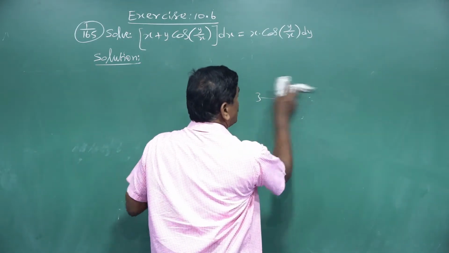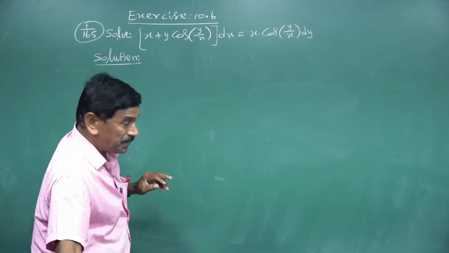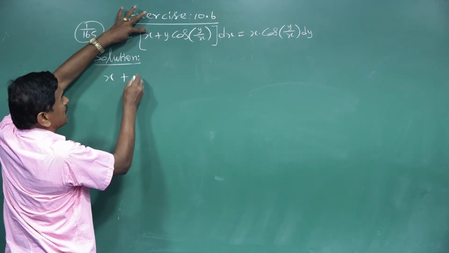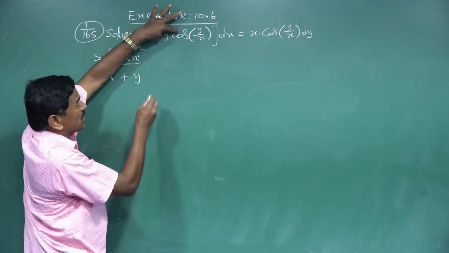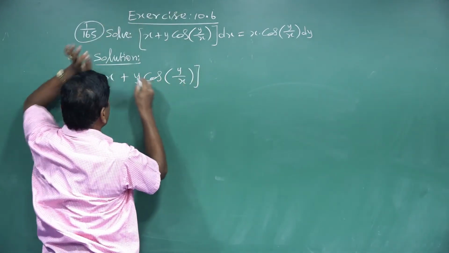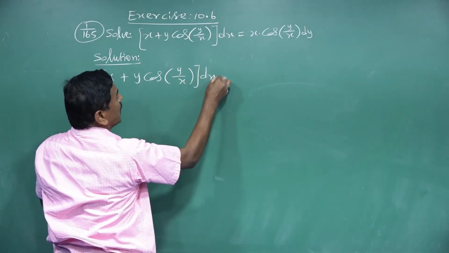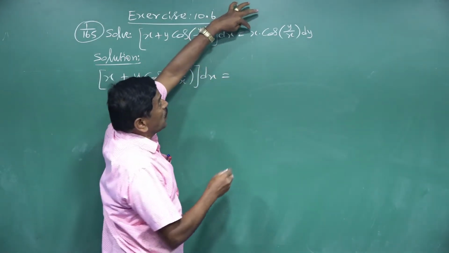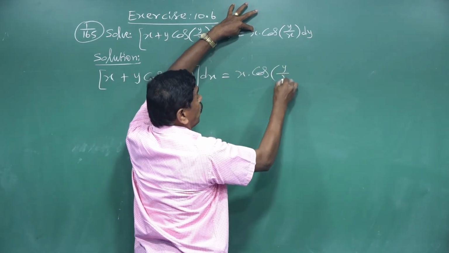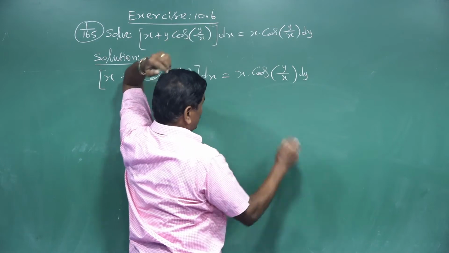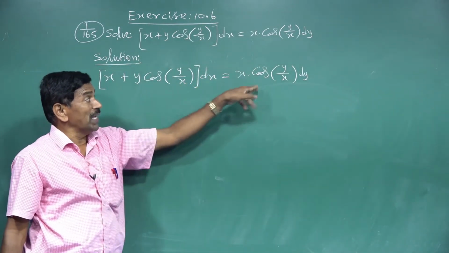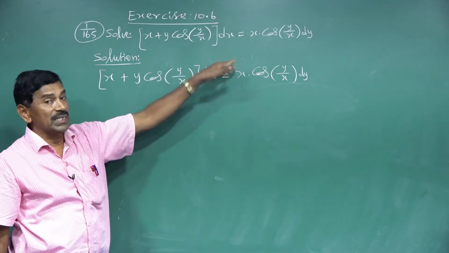Okay, now take your question first. The given question is (x + y cos(y/x)) dx equals x cos(y/x) dy. Already I told you, here y by x, so we want to make dy by dx equal to something.